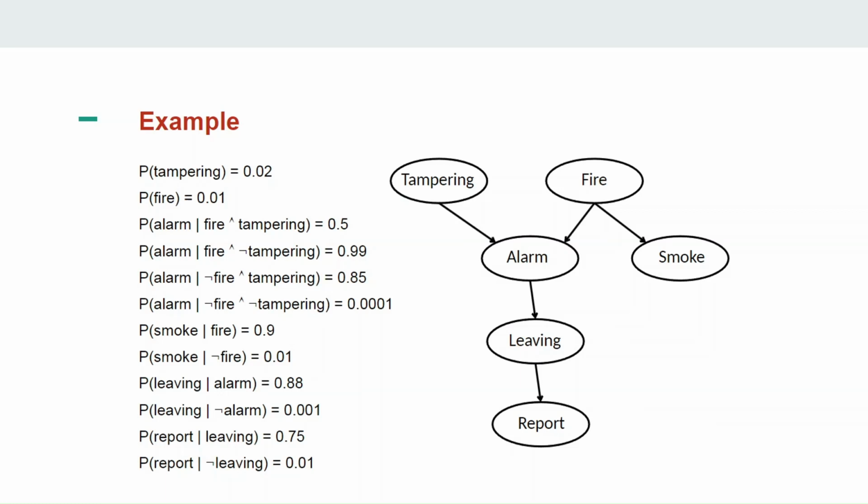Counting, right? Imagine you had a humongous table with all possible options. You just have to count, and there you have it. The probability of report is the number of cases where report is true divided by all cases. That's it. That's the probability of report.